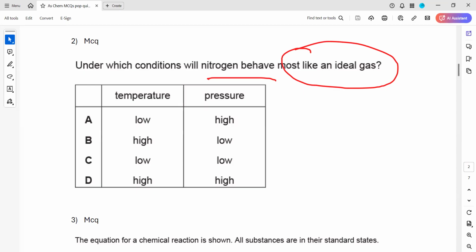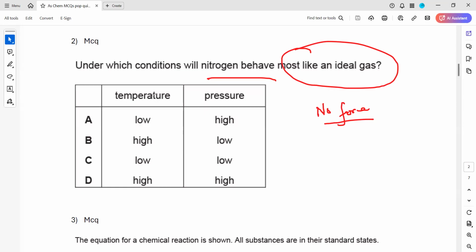What is the condition for the gas to be ideal? It should have negligible force between the particles. That is the most important postulate of an ideal gas, that the force between the particles or the molecules should be negligible, like no force is there.